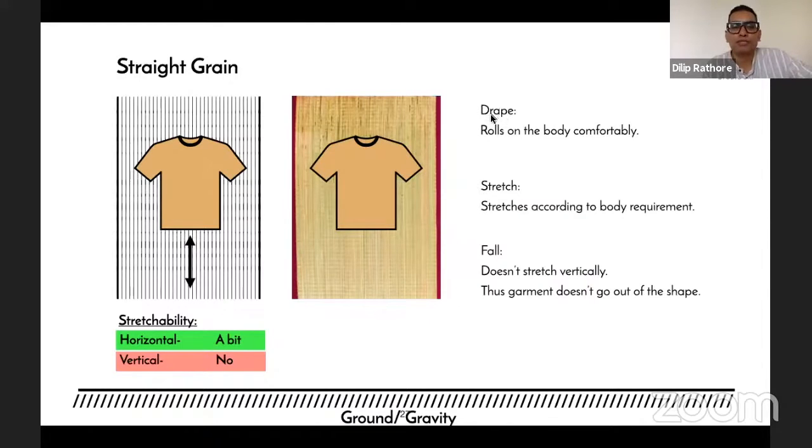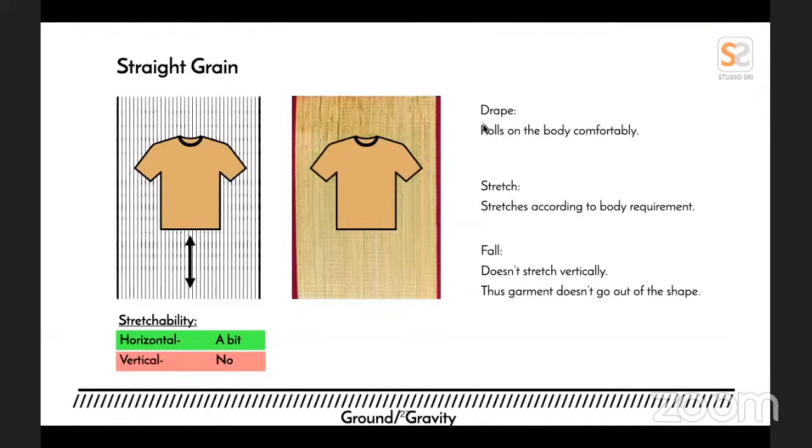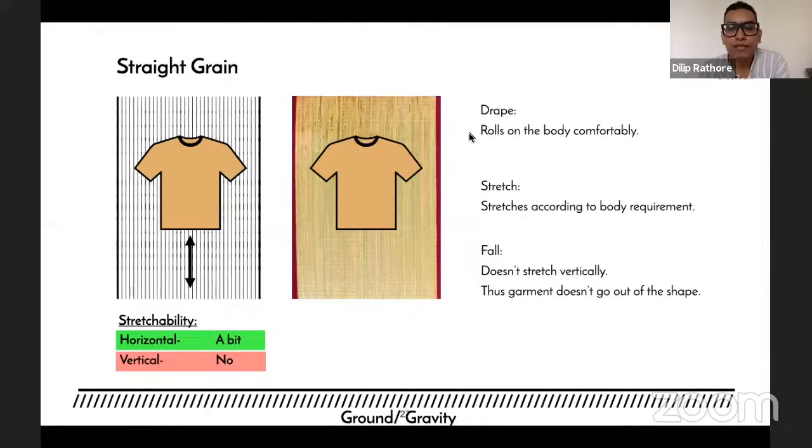The first thing in the straight grain is the drape. Drape means the way the fabric rolls on the body, the way the fabric sits on the body and flows on the body.